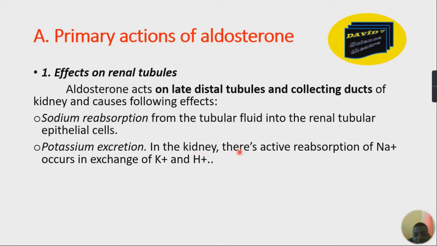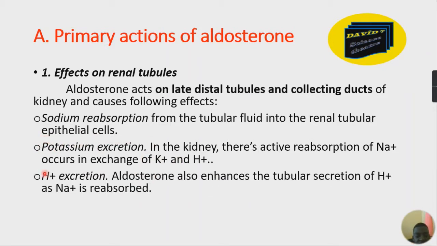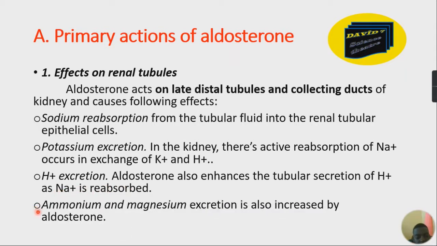In the kidney, there is active reabsorption of sodium, which occurs in exchange for potassium. That's why potassium will be excreted. So are hydrogen ions. Hydrogen ions are also excreted by this as sodium is being reabsorbed. And ammonium and magnesium excretion are also increased by aldosterone. Excretion of ammonium goes with these protons released.